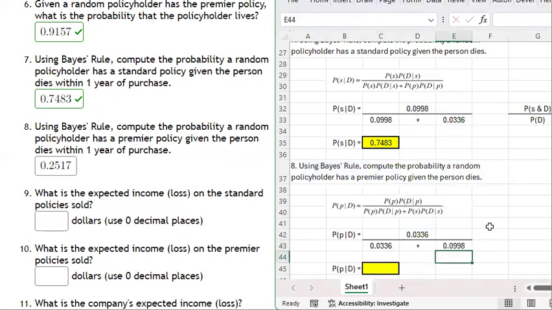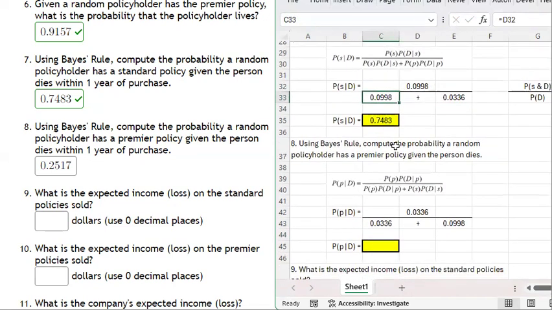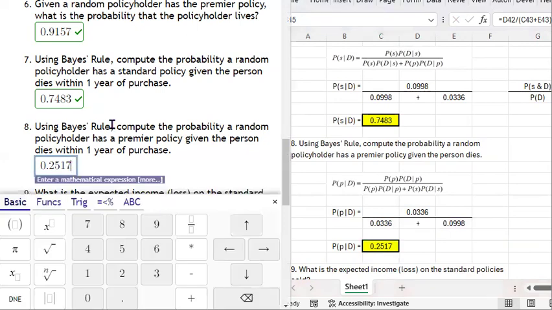We just swap the numbers out, right? This number moves to here and here, and this number comes from there or there. We just swap out the numbers. And then I can just copy that for the equation, right? And I get what? 0.2517, which is that right there.